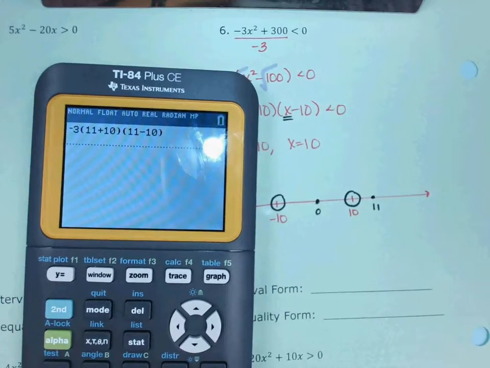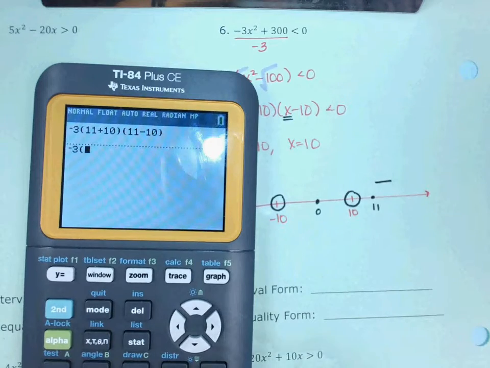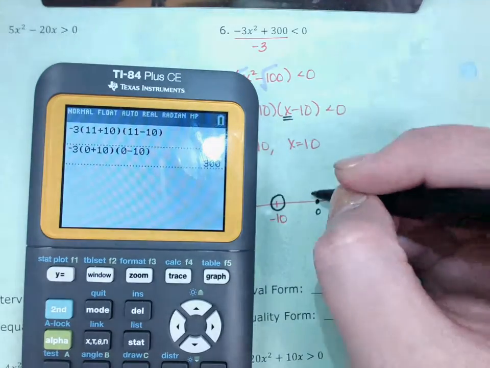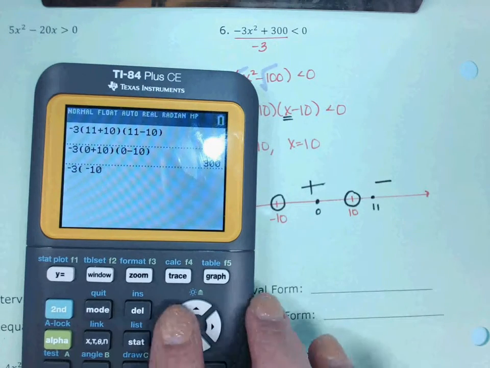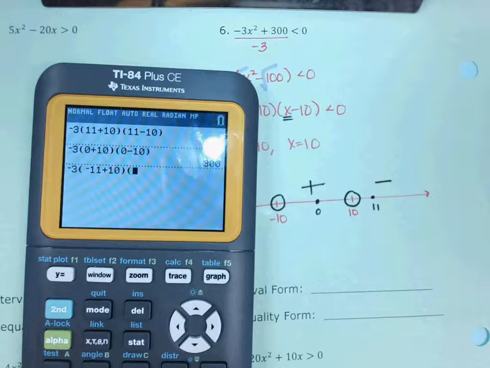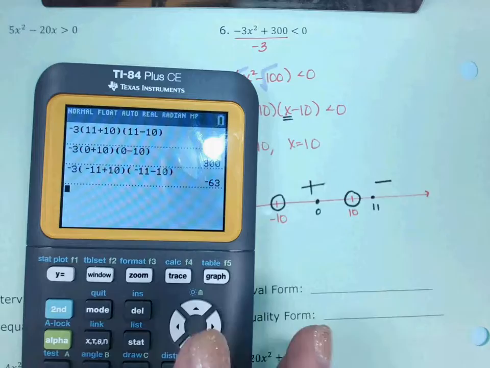My 11 section is negative. Negative 3 in the front, I'm testing a 0. 0 plus 10 and 0 minus 10. Came out to be positive. My last one, negative 3 in the front, negative 11 plus 10, negative 11 minus 10. Came out to be negative.